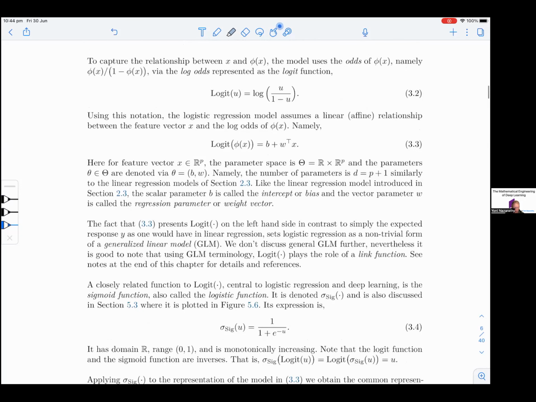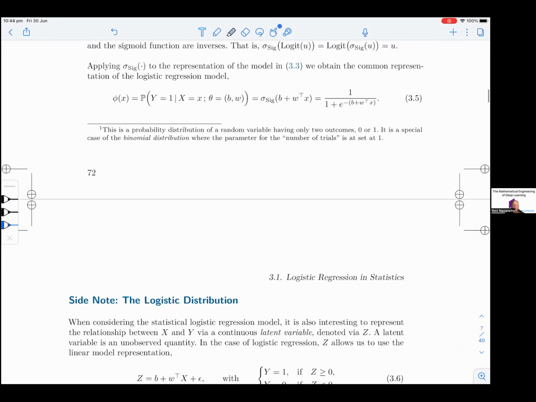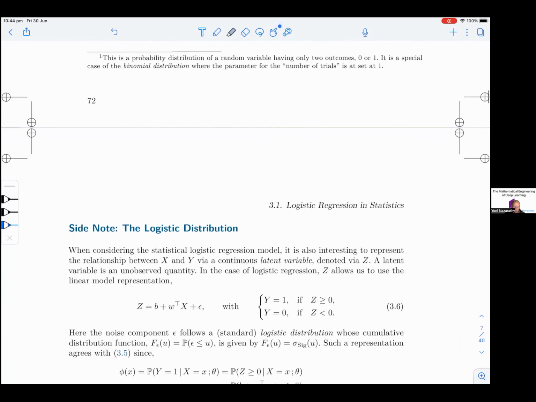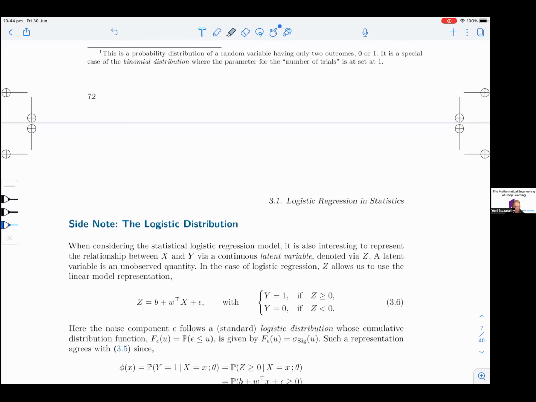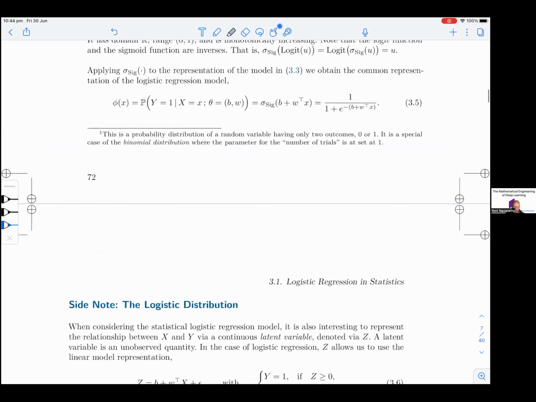Let's look at the footnote about a Bernoulli distribution. This is a probability distribution of a random variable having only two outcomes, 0 or 1. It's a special case of the binomial distribution where the parameter for the number of trials is set at 1.